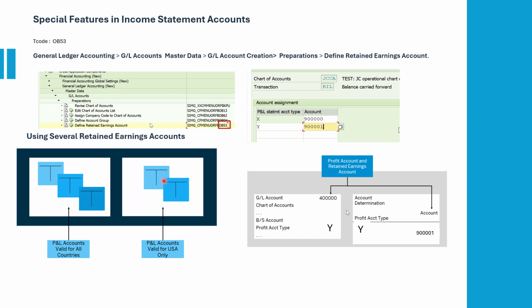So when we are generating country-specific financial statements, we can use the retained earnings account defined in X here, like 90,000, which can be used for both German financial statements and the other one.